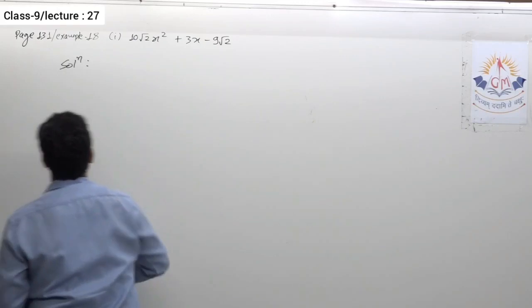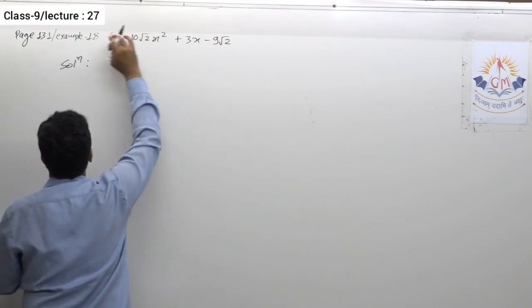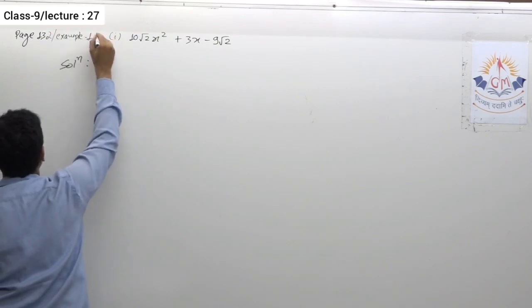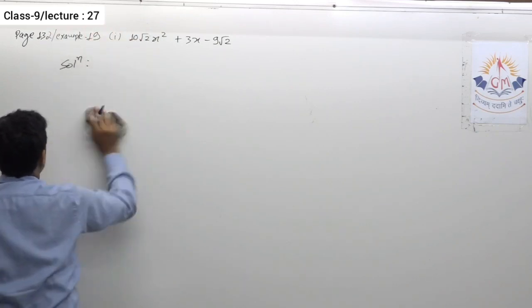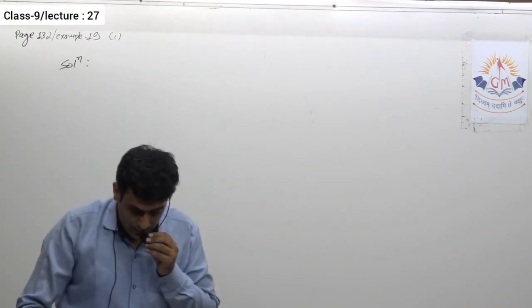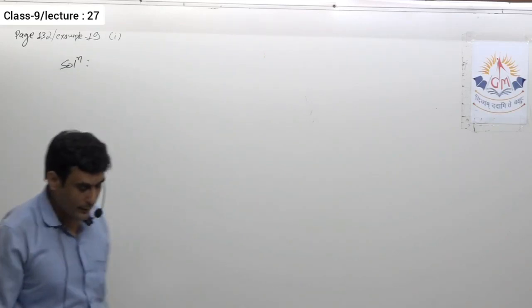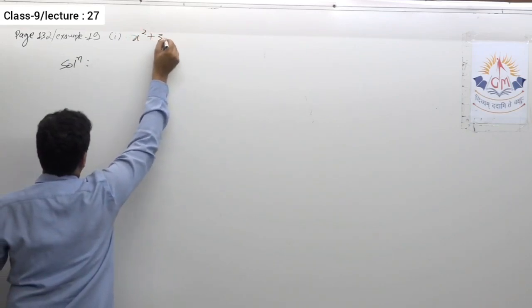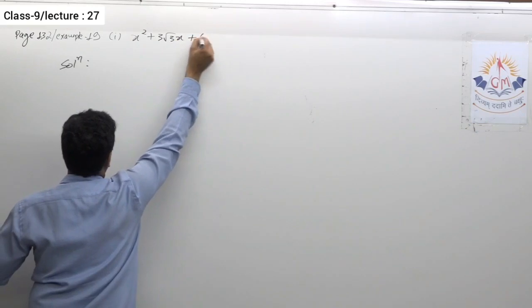That question has been taken from page number 132, example number 19, its first one. Okay, the question is x square plus 3 root 3x plus 6.